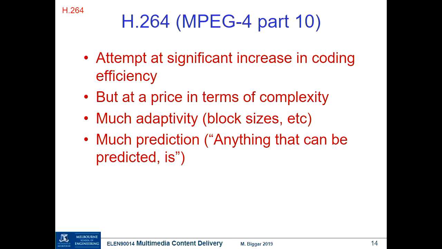So if I'm encoding this macro block, sorry about the drawing, and I include a motion vector like that, then I'm telling the decoder that the block of pixels it should use from the previous frame corresponds to that block.